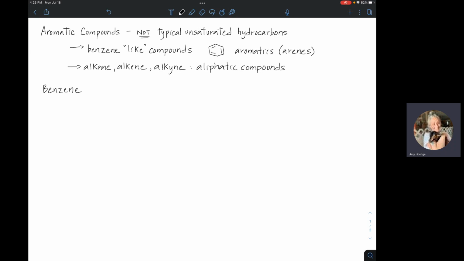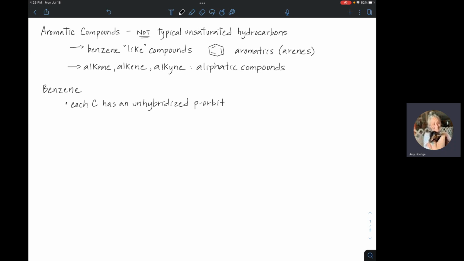Each carbon has a p orbital, so it's an unhybridized p orbital.